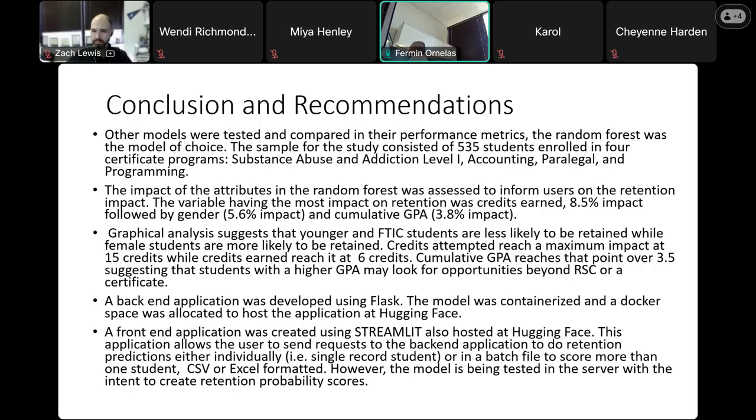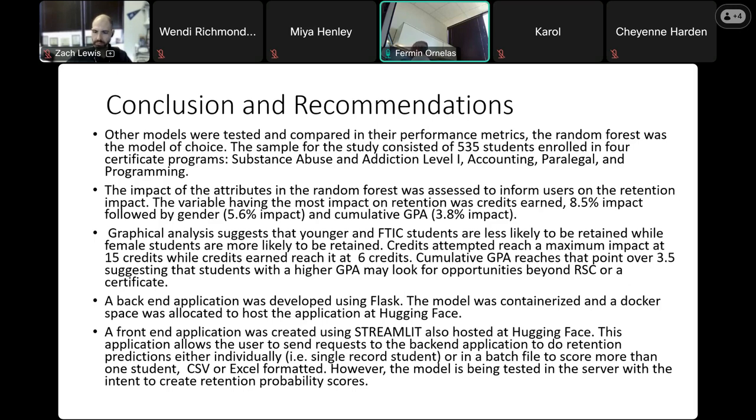Right? Grades attempted again reach maximum impact at 15 credits. Credits earned reach a maximum at 6 credits. Cumulative GPA, it's over 3.5.